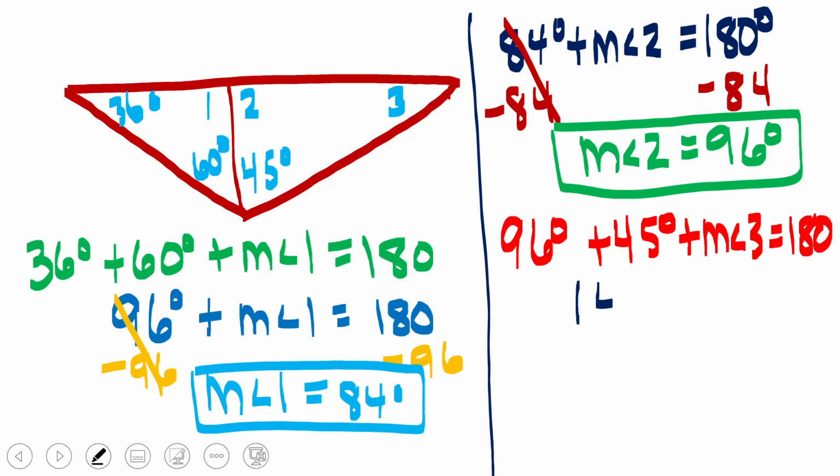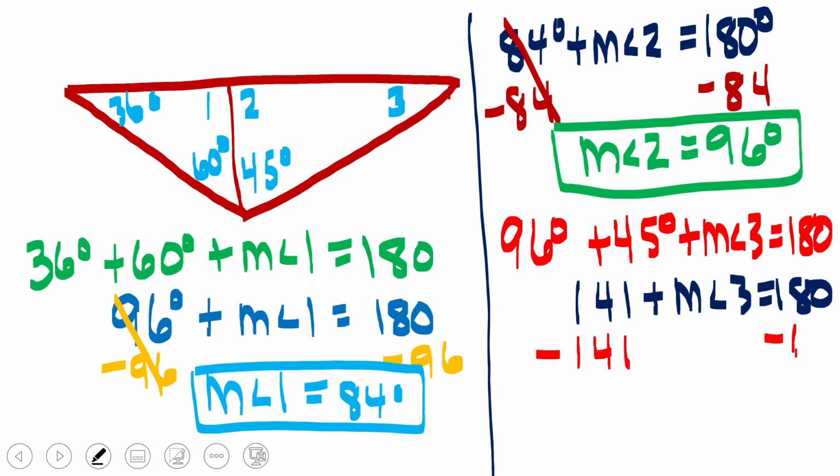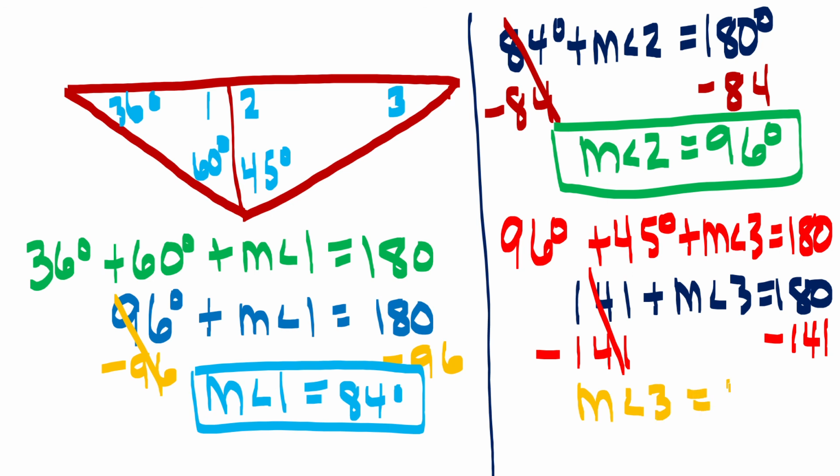Rename this as 141. We keep solving. The measure of angle 3 is 180 minus 141, excuse me. And your answer is 39 degrees.